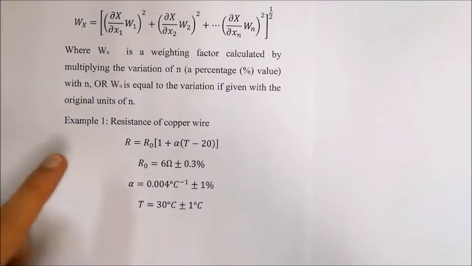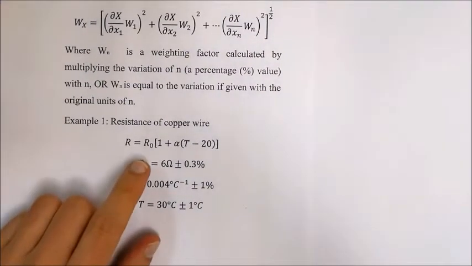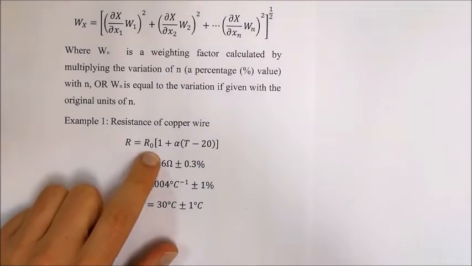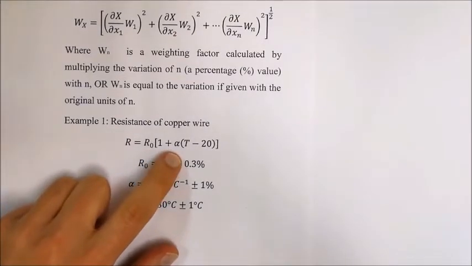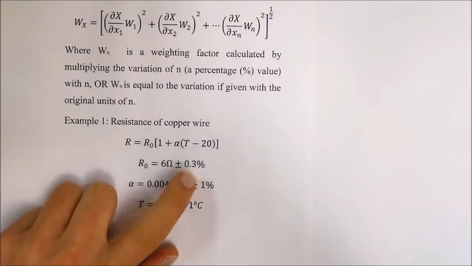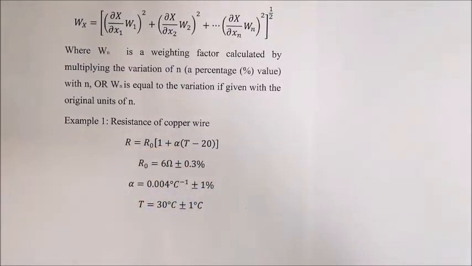So the resistance of a copper wire is given by R0 multiplied by 1 plus alpha times t minus 20. Alpha is a linear coefficient, in this case for copper wire, the linear coefficient of expansion.